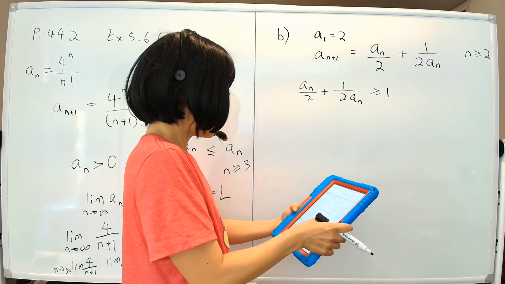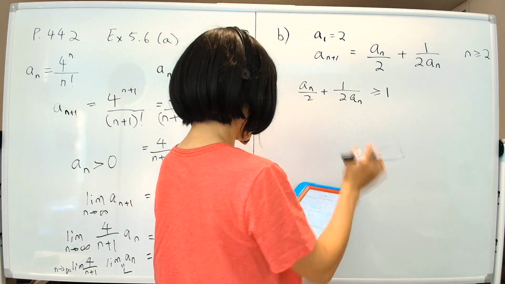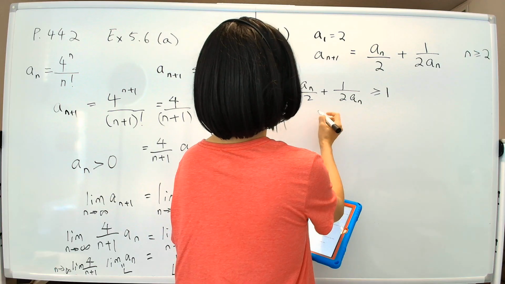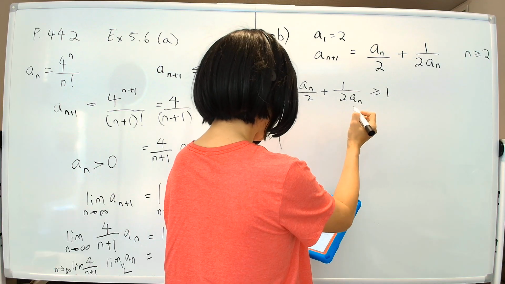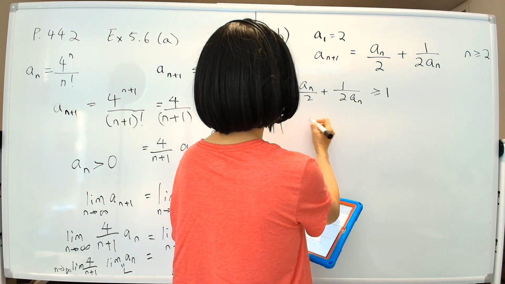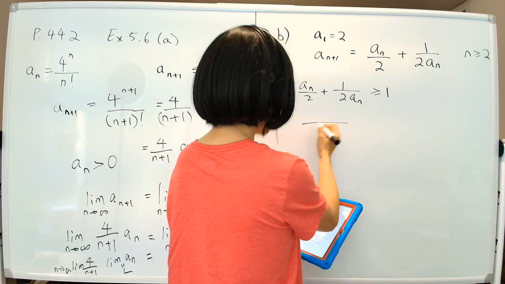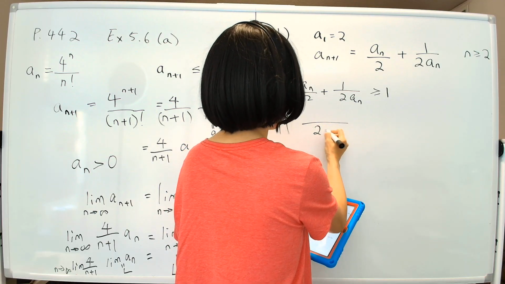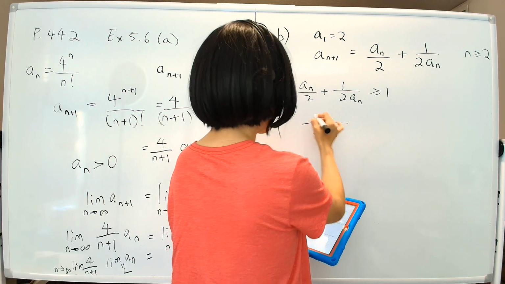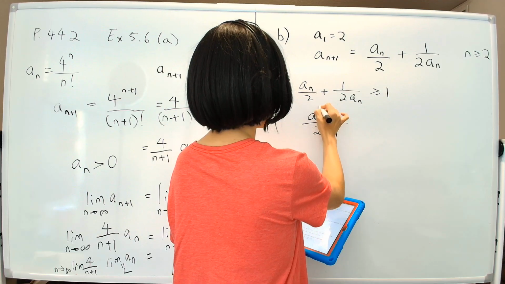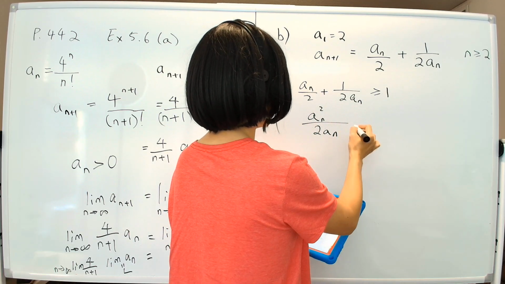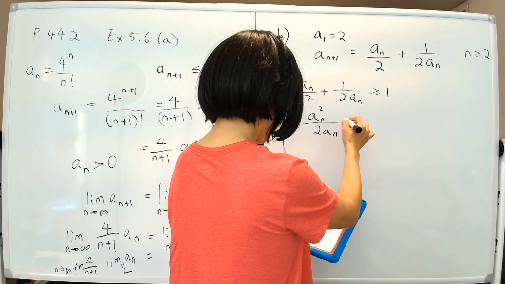So then we redo this fraction, which becomes, of course, okay, common denominator, that is 2an. So then it becomes an squared plus, what is that? That's just 1, right? Yeah.